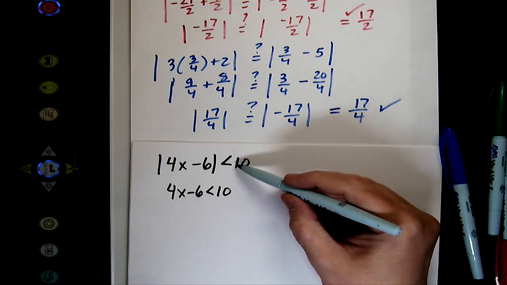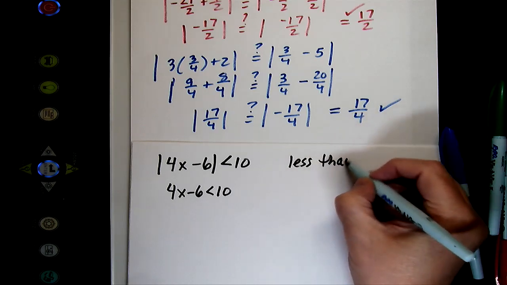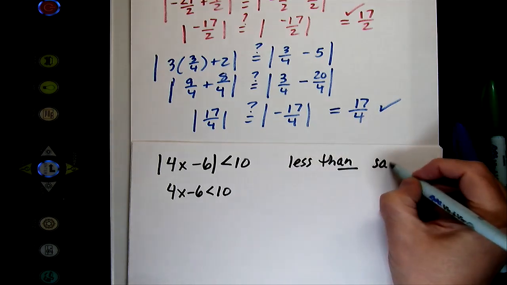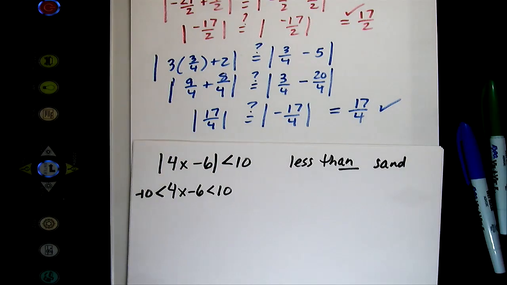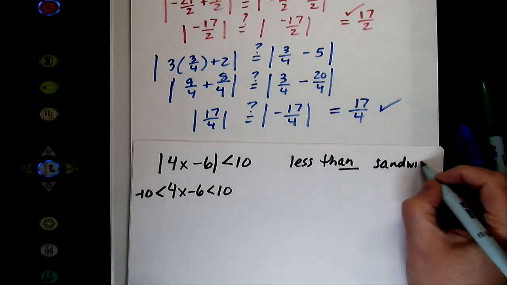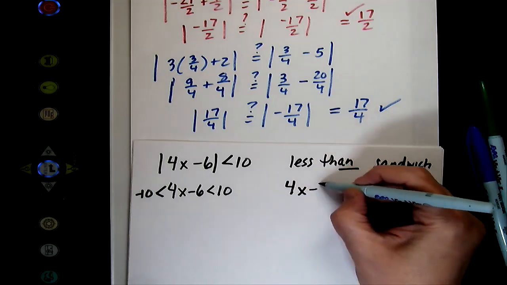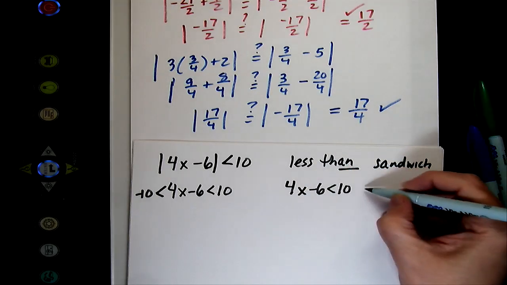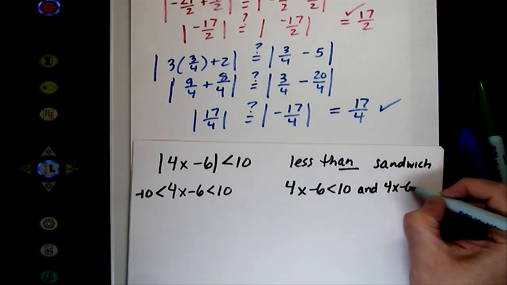Less than is an and sandwich. So I'm going to make it -10. If you do them separately, you would have 4x minus 6 is less than 10 and 4x minus 6 is greater than -10.